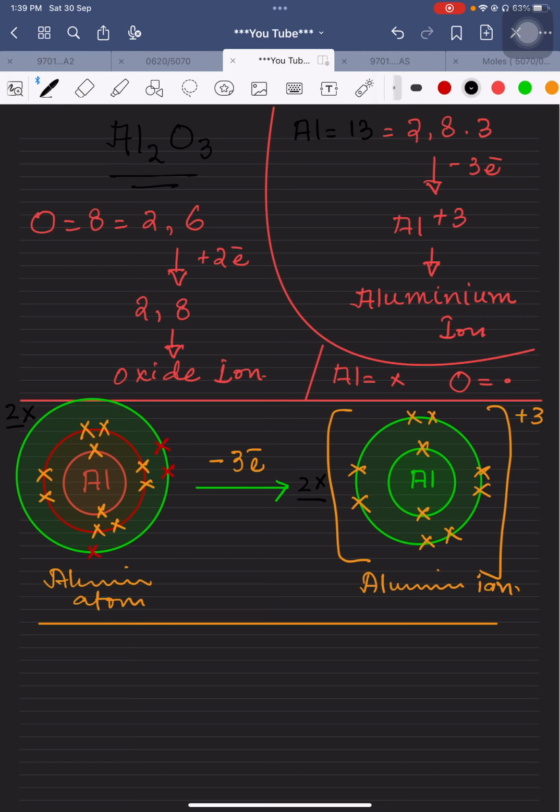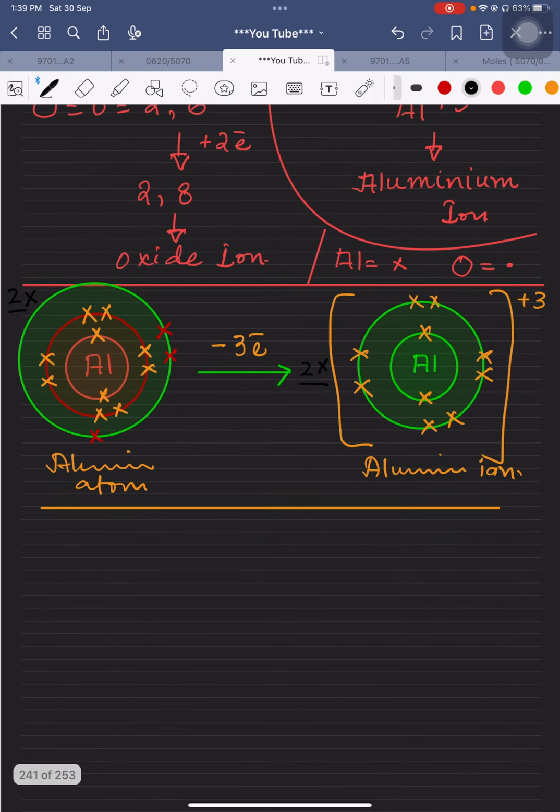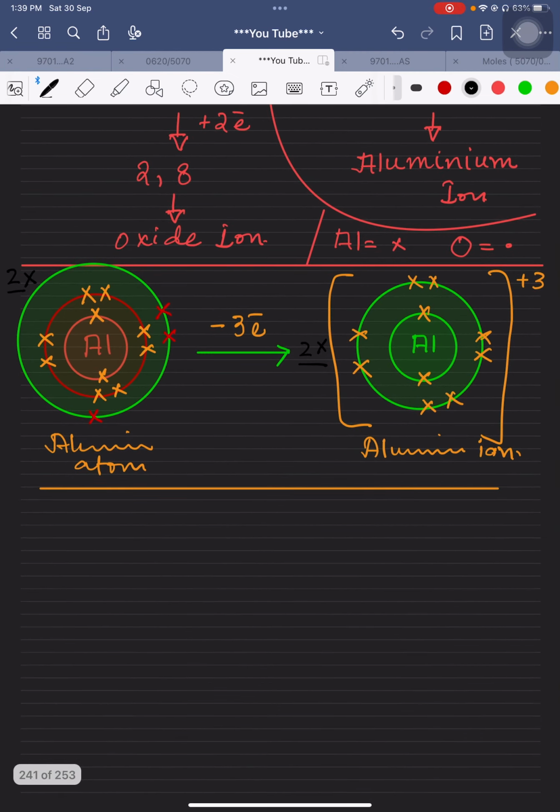Now I am taking you to oxygen. Can you look there right now? This is oxygen. This is the first shell, and this is the second shell. And what is happening? It is going to gain 2 electrons.